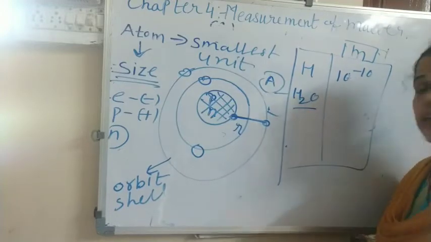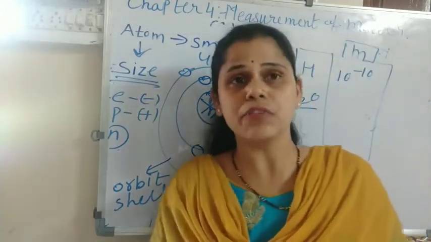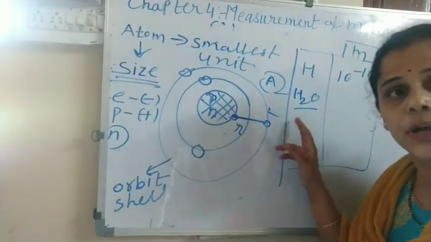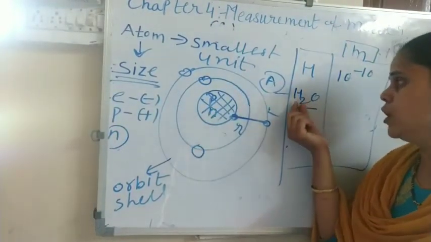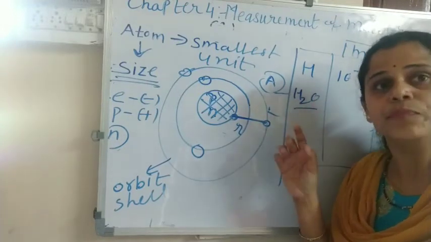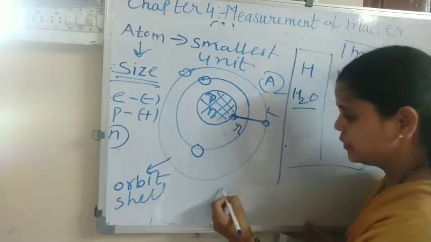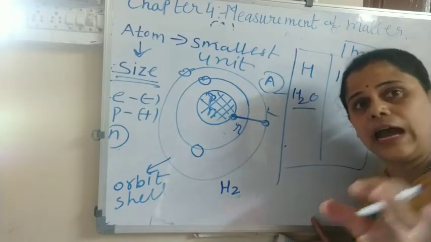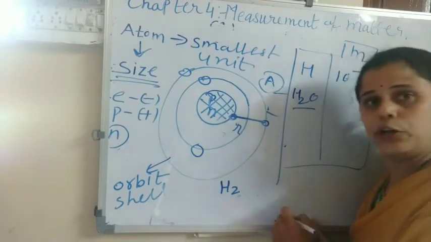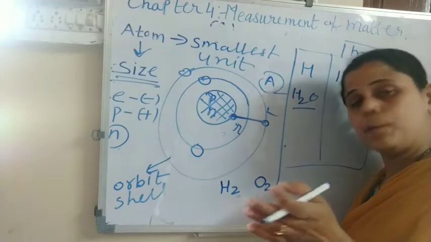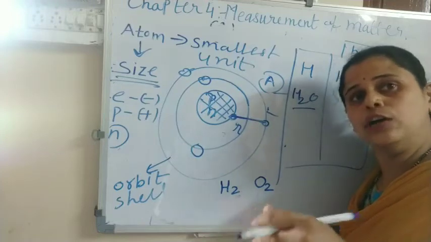In my previous lecture I explained the difference between a molecule and an atom. H2O is a molecule because it is a combination of two atoms of hydrogen and one atom of oxygen. That means a molecule is a combination of atoms. A molecule may be a combination of the same atom or different atoms.